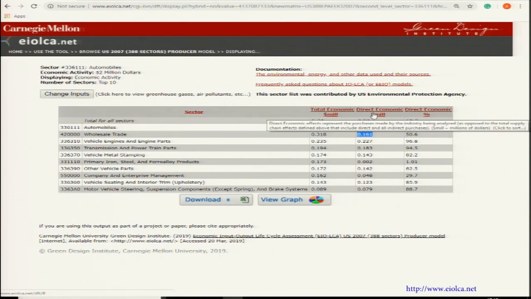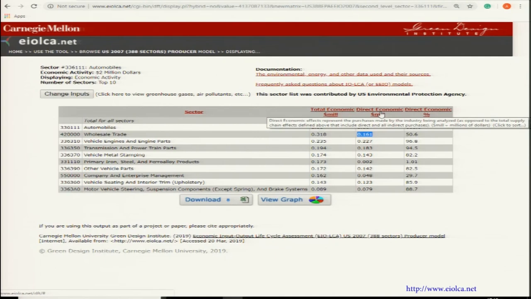So, these direct economic effects represent the purchases made by the industry being analyzed, as opposed to the total supply chain effects defined above that include direct and all indirect purchases. This is in million dollars. The column below is the complete economic supply chain of purchases needed to produce your level of output.